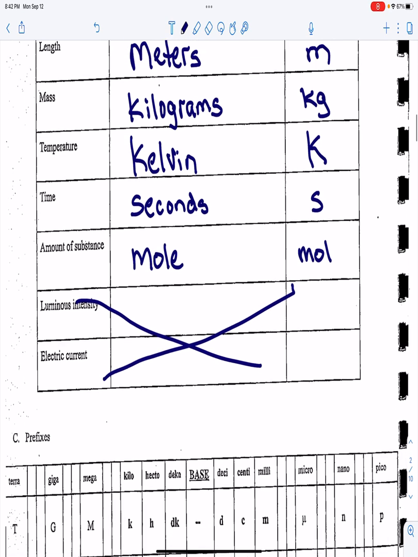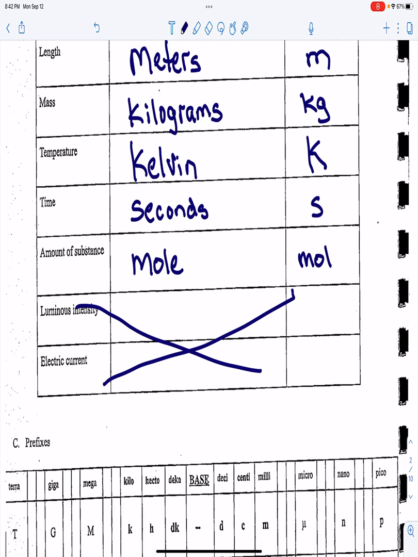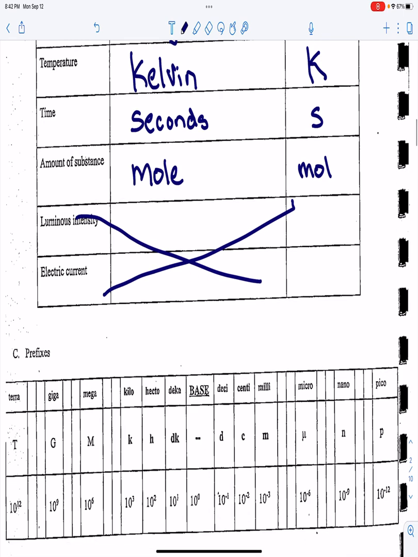Let's talk about why we use the metric system in science and in medicine. It's a pretty easy system to use compared to our American system. If I were to ask you in class what 1 mile is equal to, 1 mile is equal to 5,280 feet.